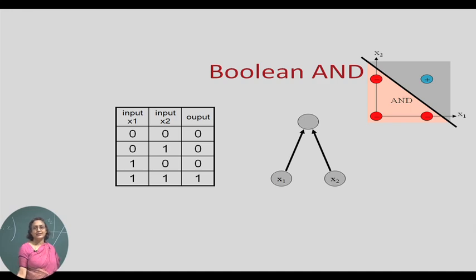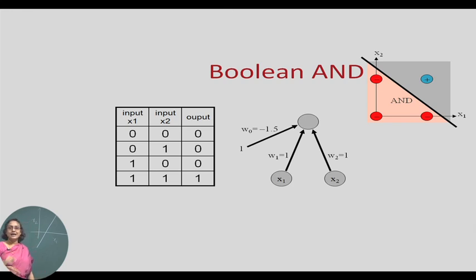Similarly, this is another example of a function which can be represented by a single layer perceptron. This is the Boolean AND function, where the output is 1 only if both the inputs are 1, otherwise the output is 0. It is represented by this diagram and this decision surface corresponding to some specific weights, right.